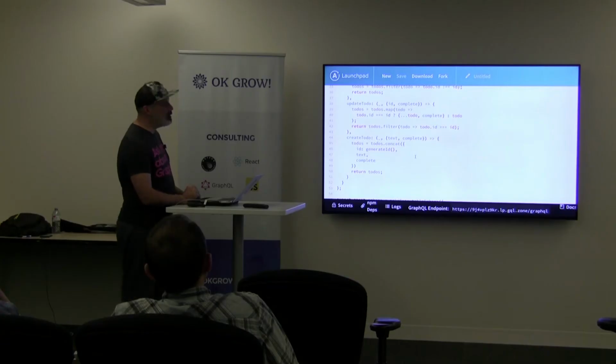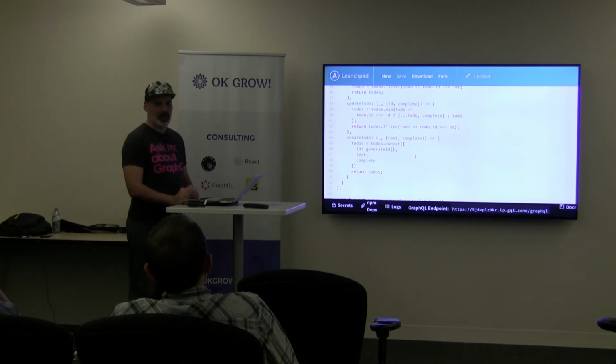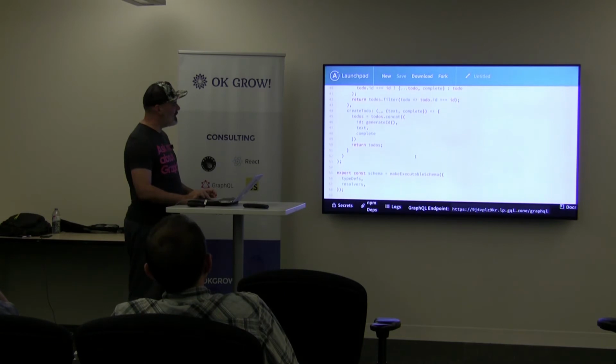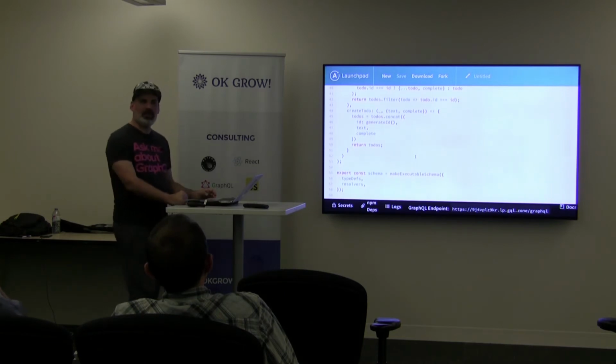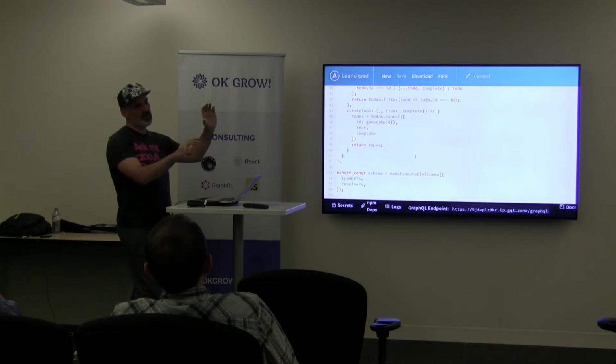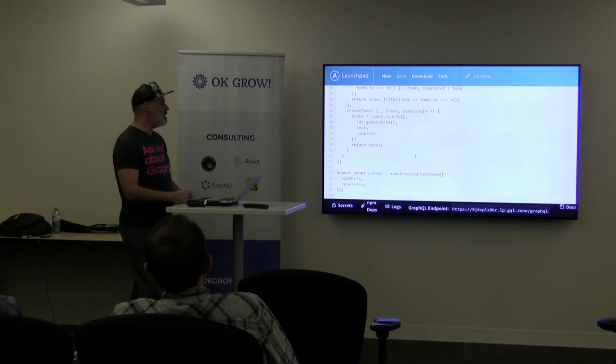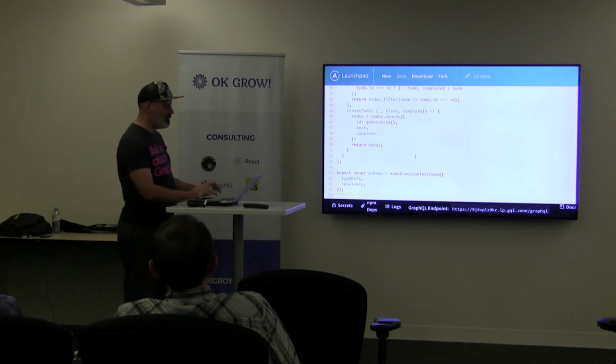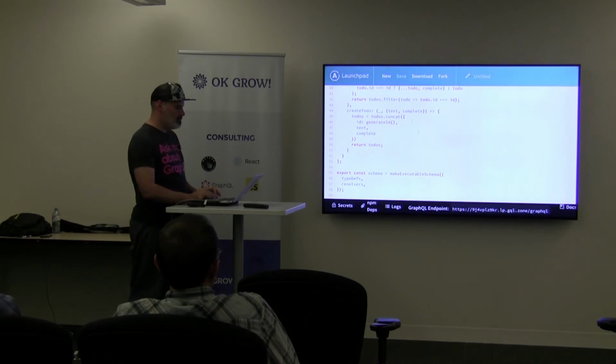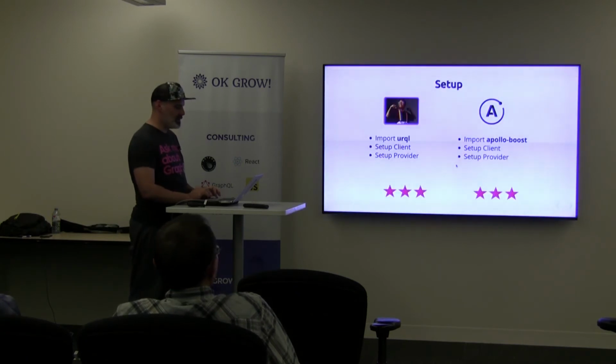I will share this later. You can look into these operations in more detail. But that's pretty much the definition of the GraphQL server. So we have the schema, some resolvers that use pretty much straightforward JavaScript, and then we just make that our endpoint for GraphQL. So let's move on to the next section.